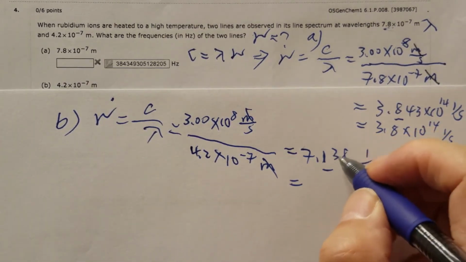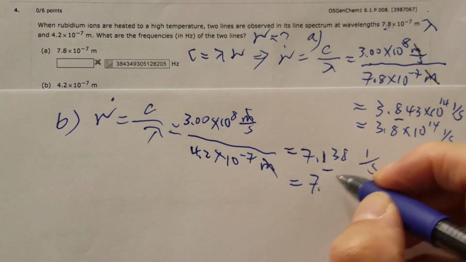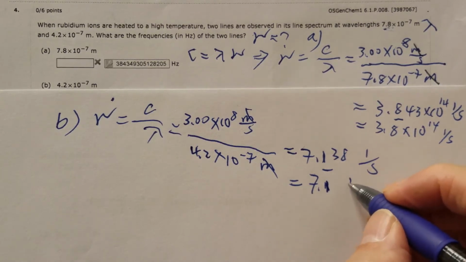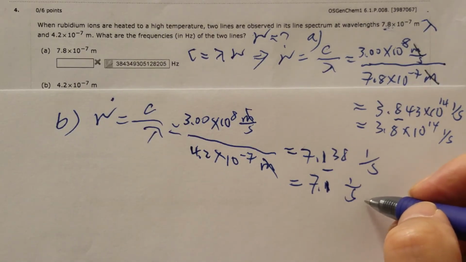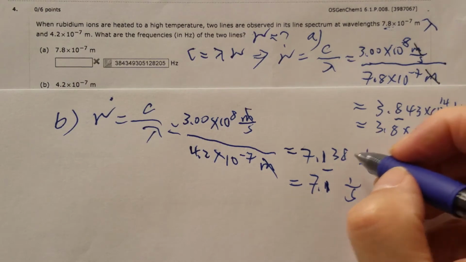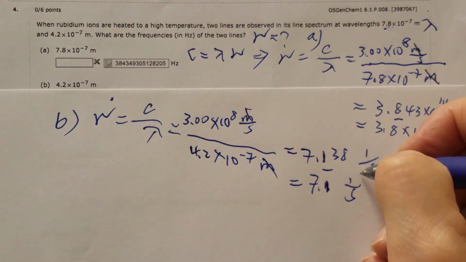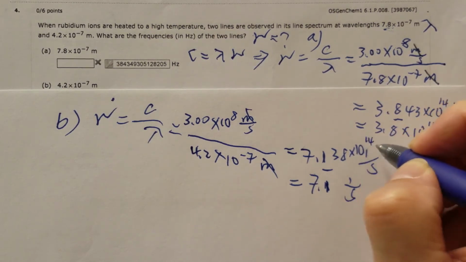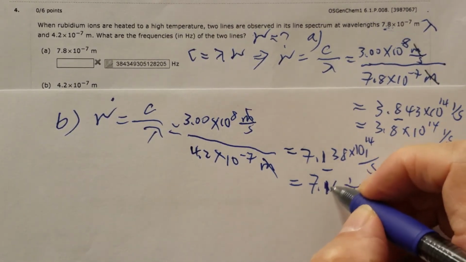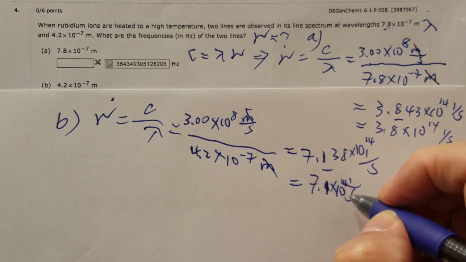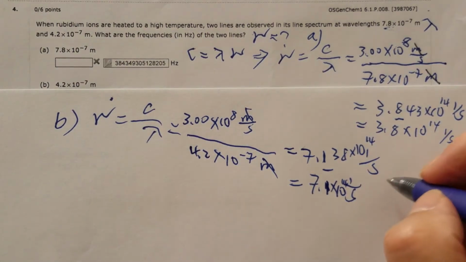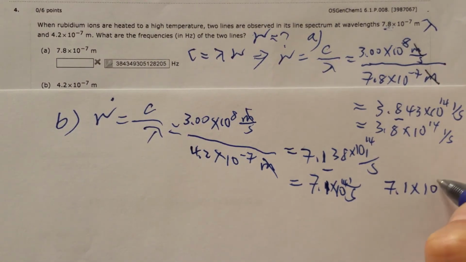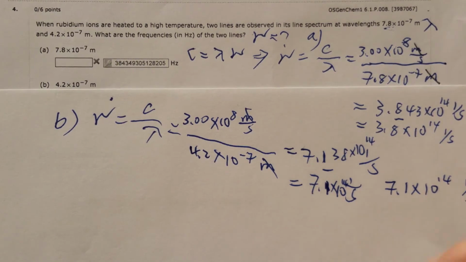So again, do the round up. That's 3. We can just simply drop that digit and the ones after that. So that should be 7.1, and actually there should also be 10 to the 14th. 7.1 times 10 to the 14th hertz.